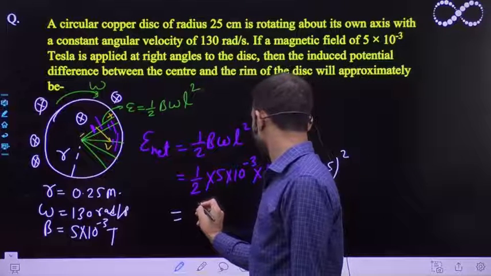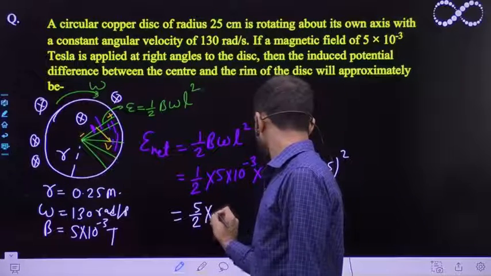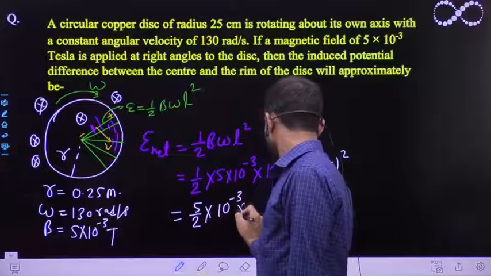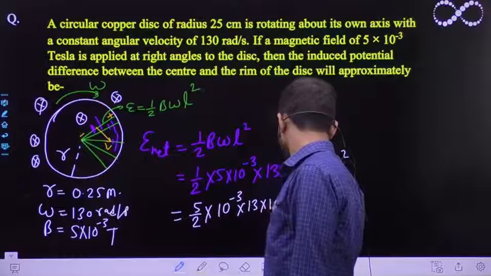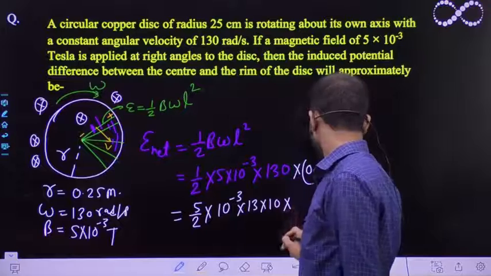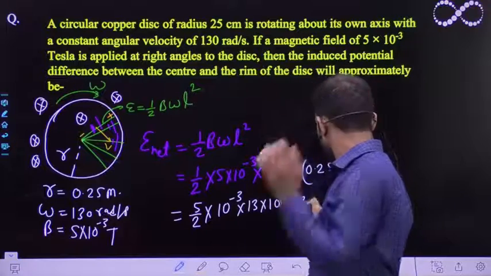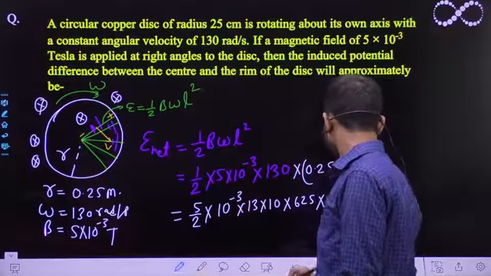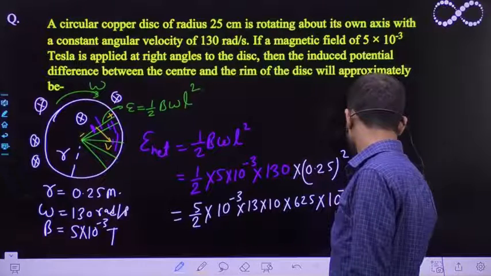So how much will we get? This will become 5 by 2 into 10 raised to power minus 3 into 130 into 25 into 25, which will become 625 into 10 raised to power minus 4.